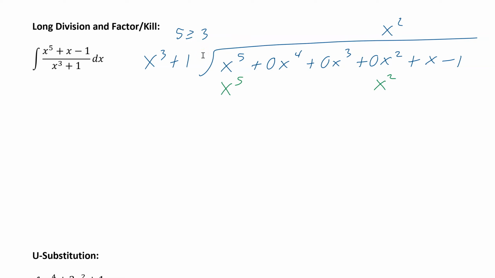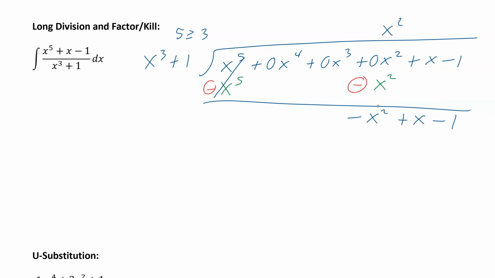It goes here, and then we change signs. Those cancel, and so we would get nothing, negative x squared plus x minus 1. So now we have x squared minus, and then negative x squared plus x minus 1 over x cubed plus 1.